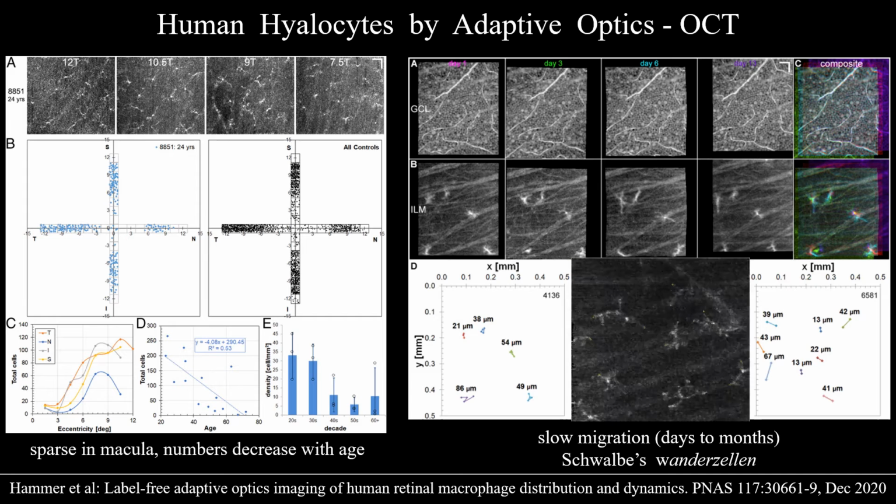Although these have been described as macrophage-like cells of the retina, they're actually hyalocytes embedded in the posterior vitreous cortex. It's also interesting that Hammer has documented slow migration of these cells, highly reminiscent of Schwalbe's description of these cells as Wanderzellen.